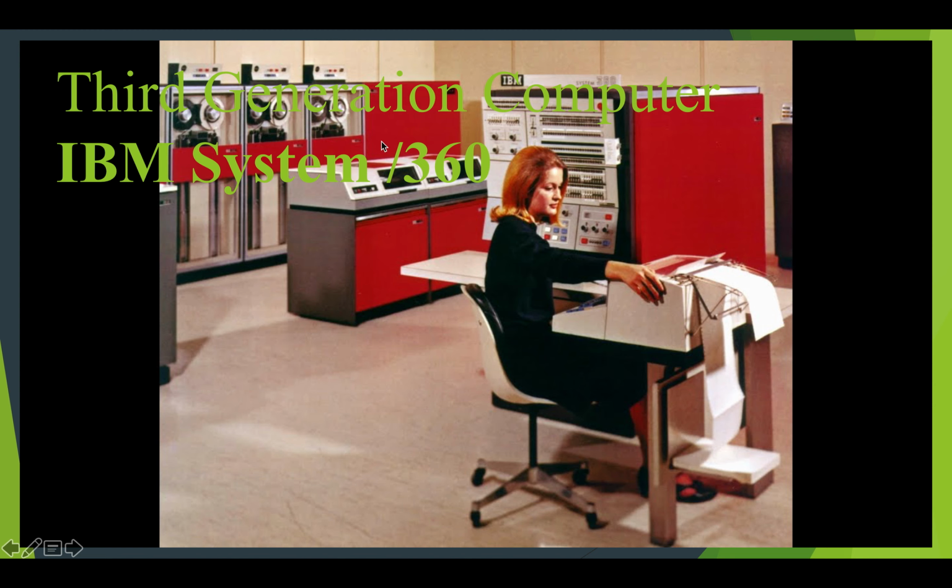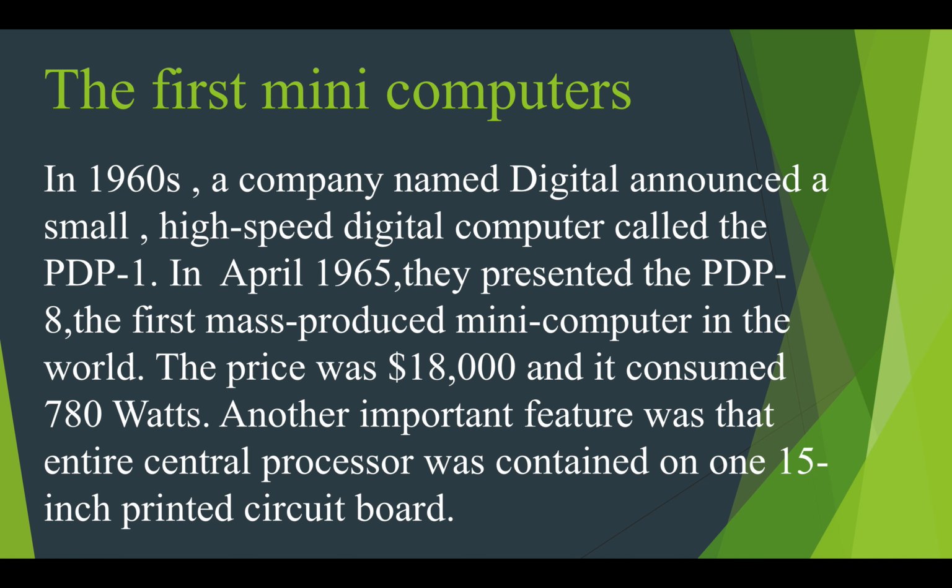The first mini computers. In 1960s, a company named Digital announced a small high-speed digital computer called the PDP-1. In April 1965, 5 years later from the PDP-1, they presented the PDP-8.